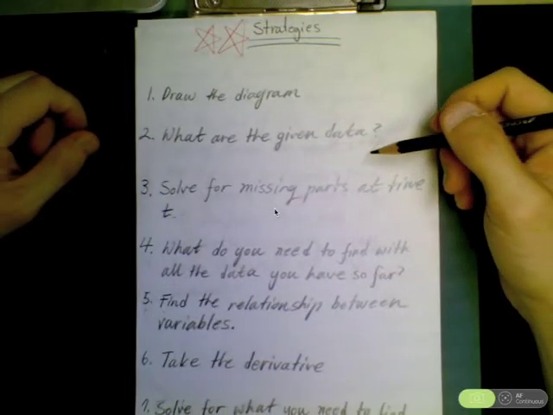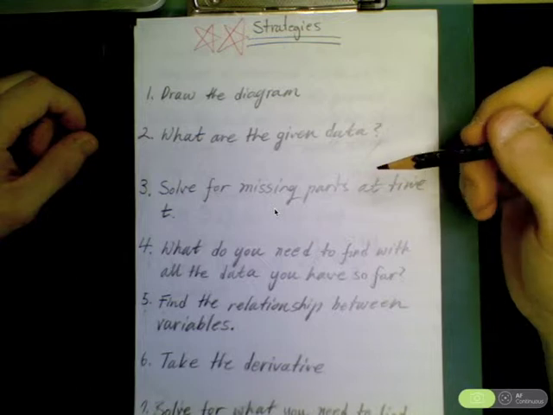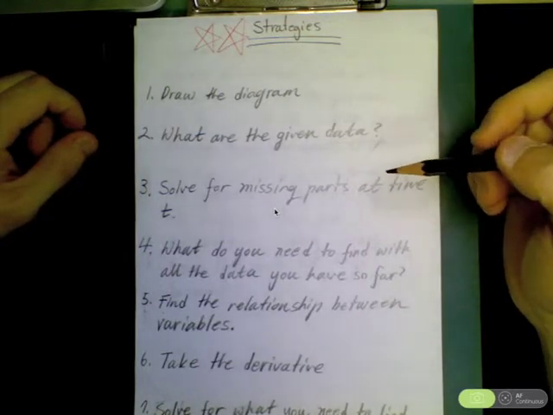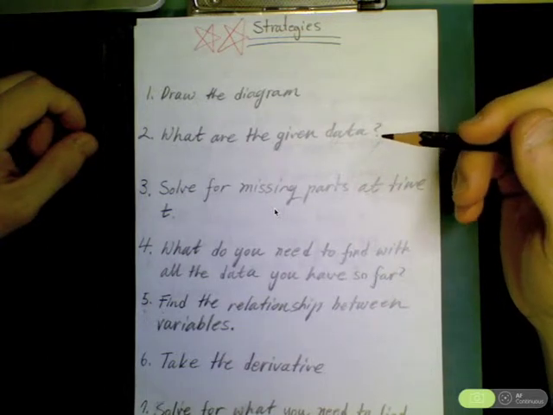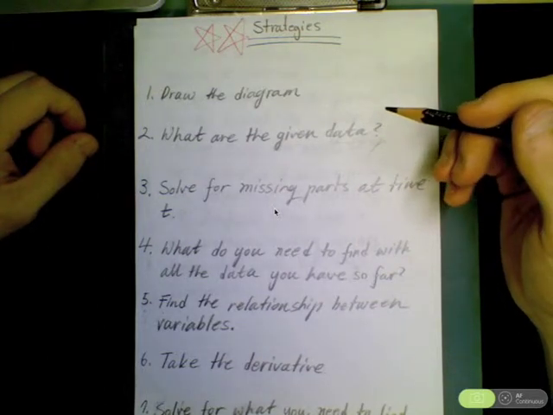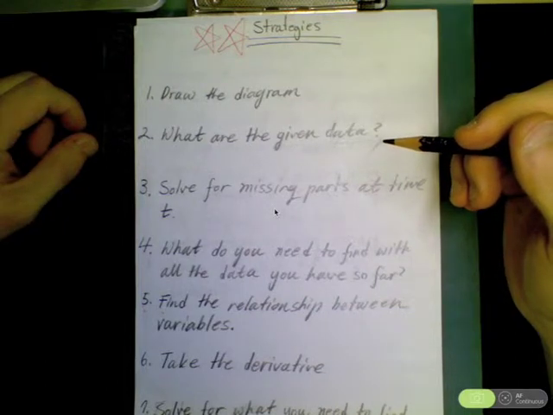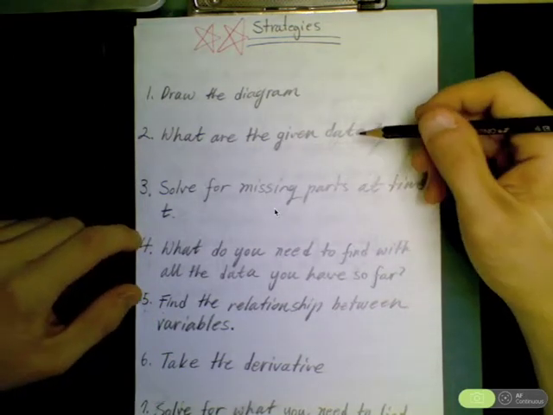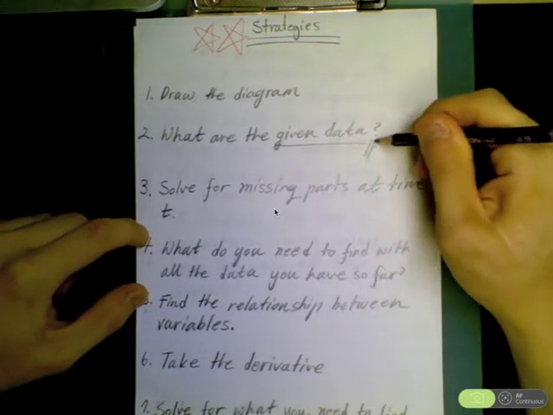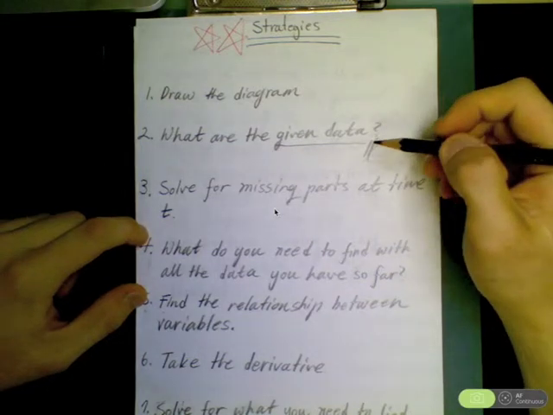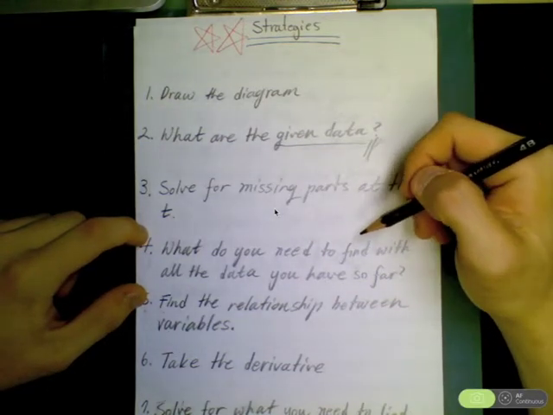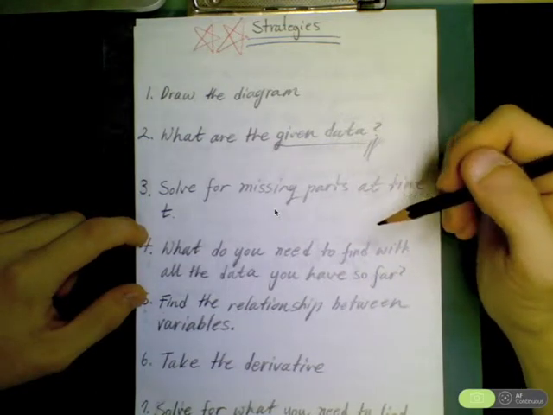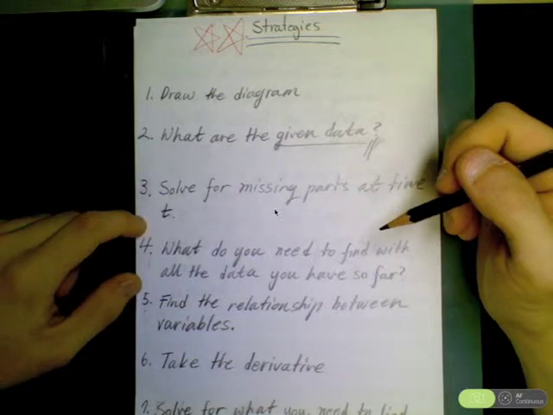What you have to do next is use those data to find certain other data in the problem that aren't directly given to you. So that's the third step.